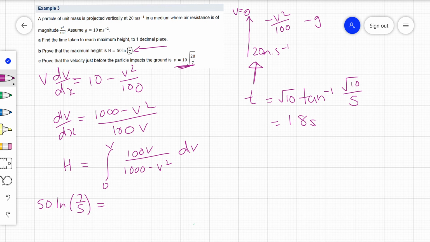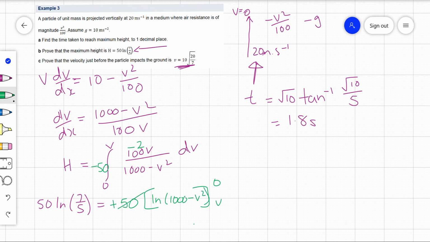Alright, so here I want to do the same thing I did before. I need this to be negative 2v, so I'm going to make this negative 50, and that gives me a positive 100 there. So this is going to be, well, that's handy, because actually I'll make that a plus and go from v to 0, and now it's a log of 1000 minus v squared.